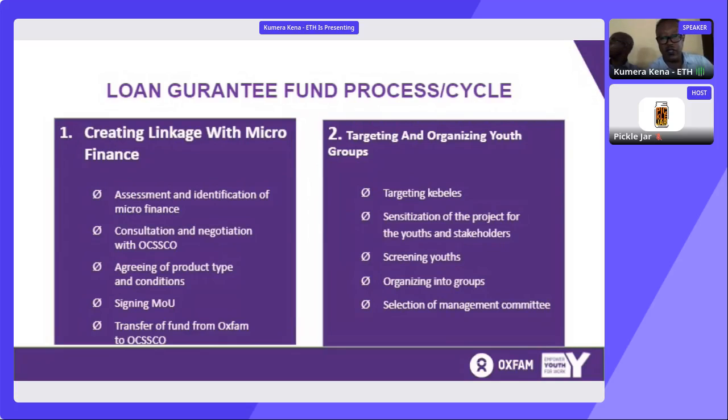The first one is targeting villages, and sensitization of the project for the youth and stakeholders, then screening youth and organizing the screened youth into groups to give loans. And the last one is selection of the management committee by the group members.